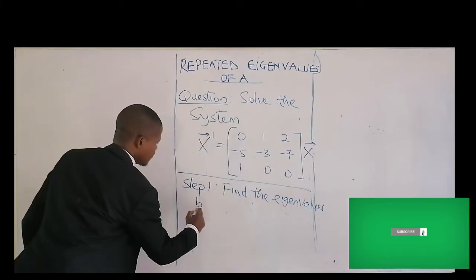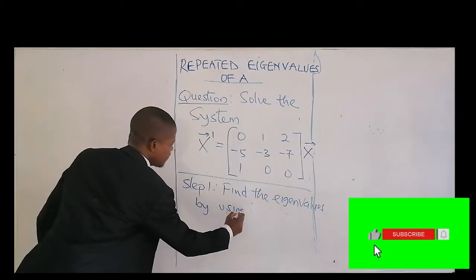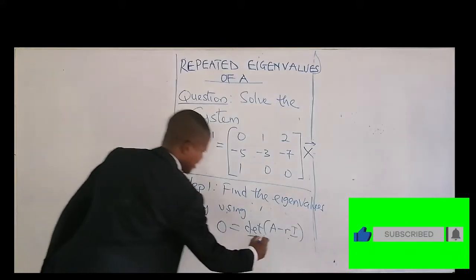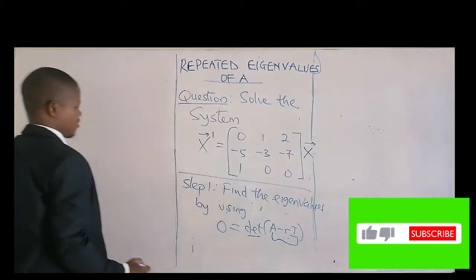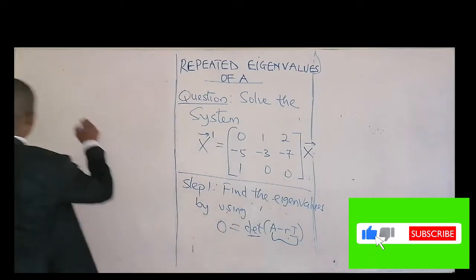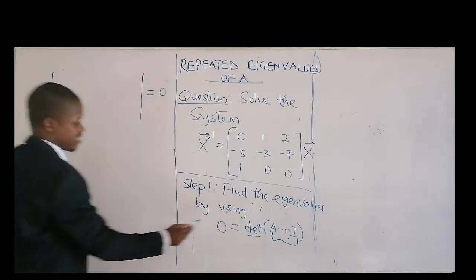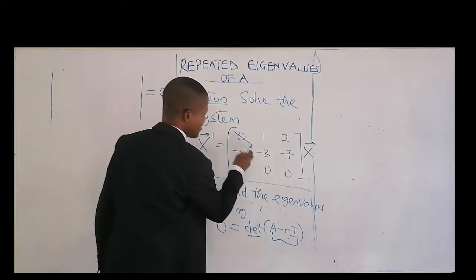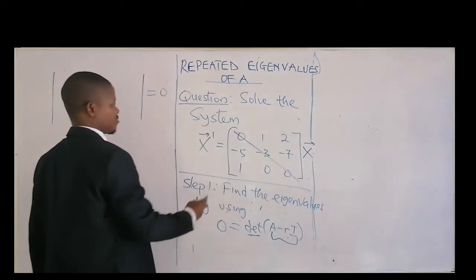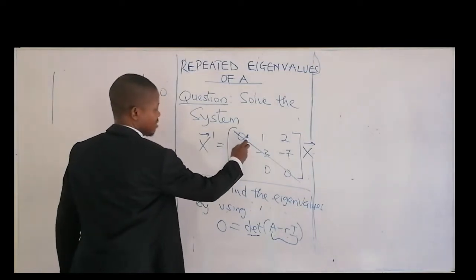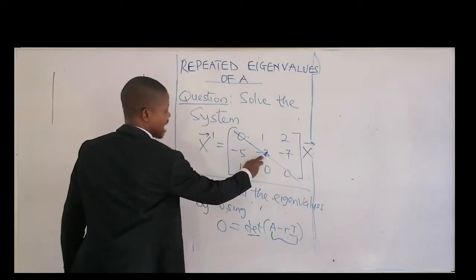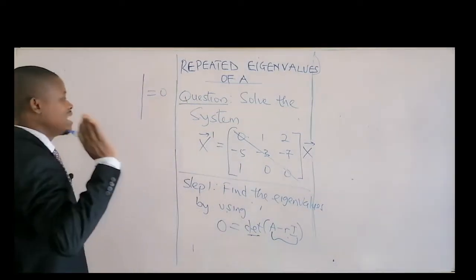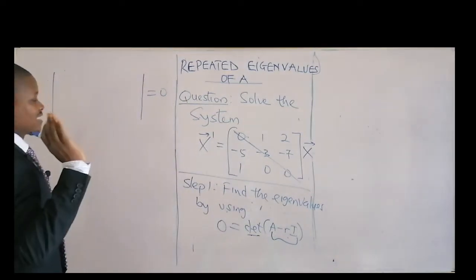Find the eigenvalues by using the determinant of A minus rI equal to 0, and this expression has a meaning. Let's first put the determinant equal to 0. The expression in the brackets means that you subtract r from the leading diagonal, while the other values remain constant.